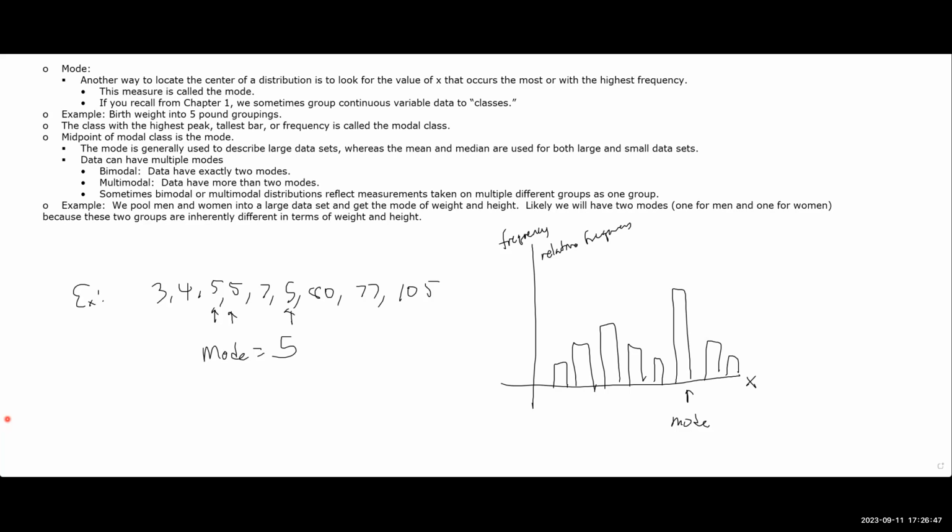For mode, there are 2 formulas in Excel. Excel has 2 formulas.